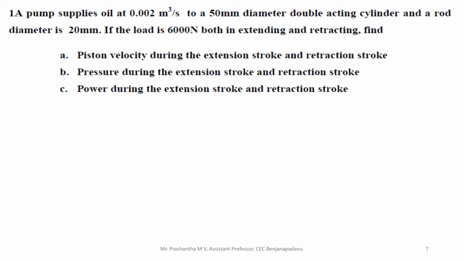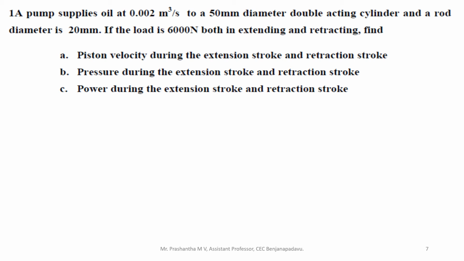If the load is 6000 Newton both in extending and retracting, find sub-question A, piston velocity during the extension stroke and the retraction stroke. Sub-question B, pressure during the extension stroke and retraction stroke. Sub-question C, power during the extension stroke and retraction stroke.